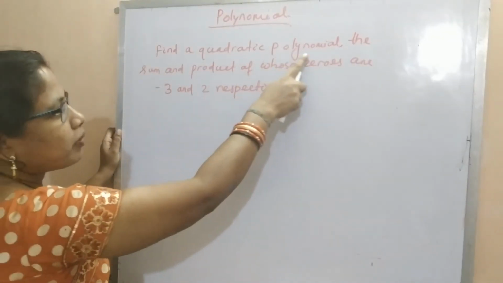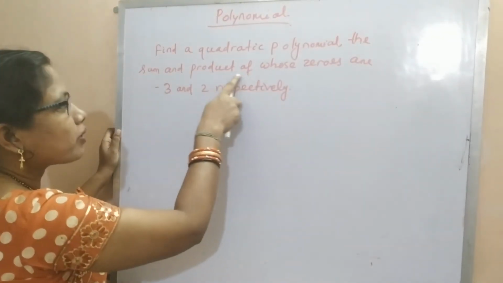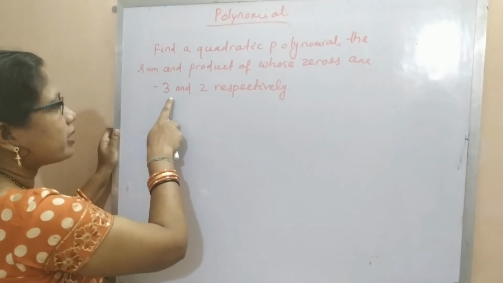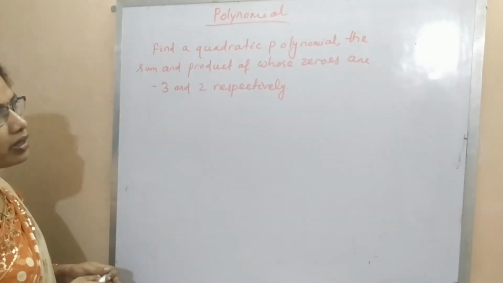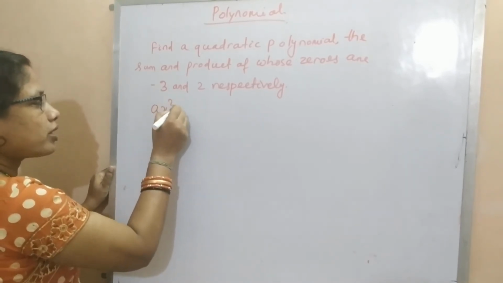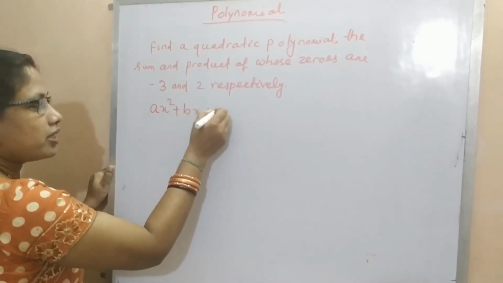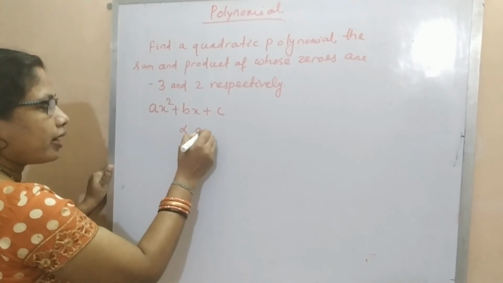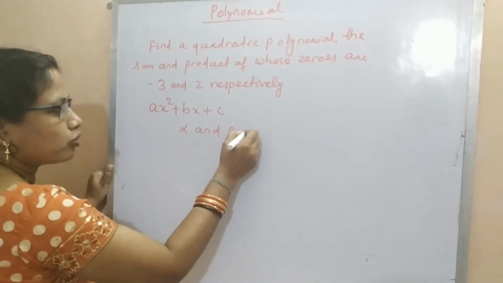Find a quadratic polynomial, the sum and product of whose zeros are minus 3 and 2 respectively. So let our quadratic polynomial be ax square plus bx plus c and alpha and beta are two zeros.